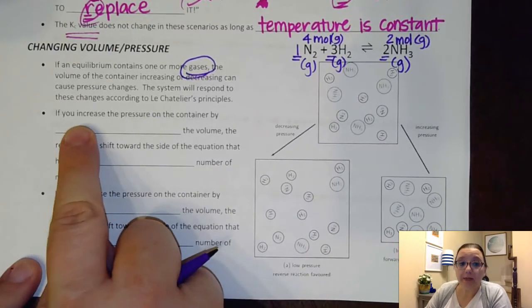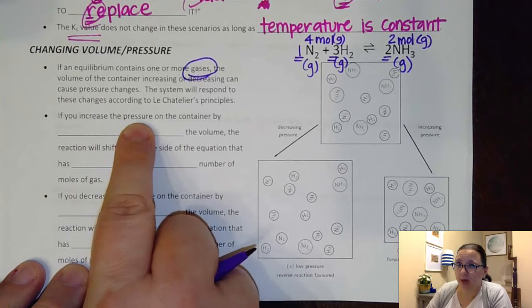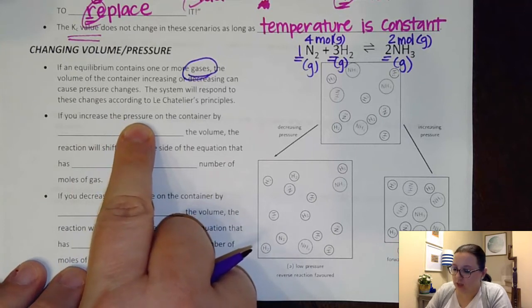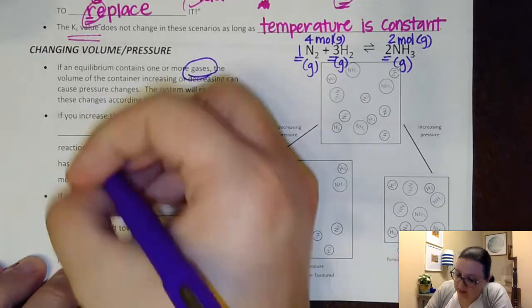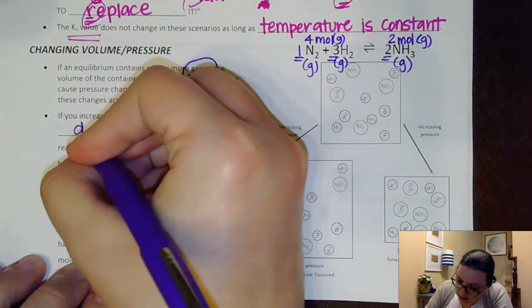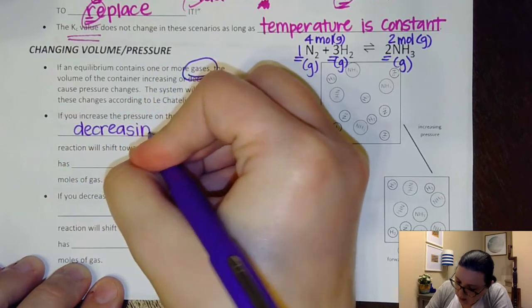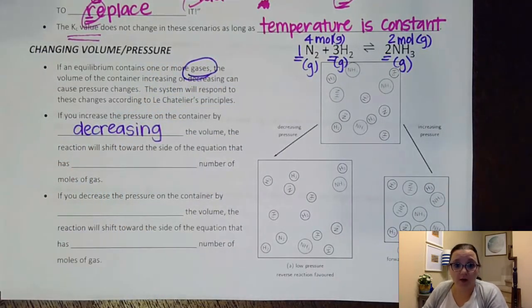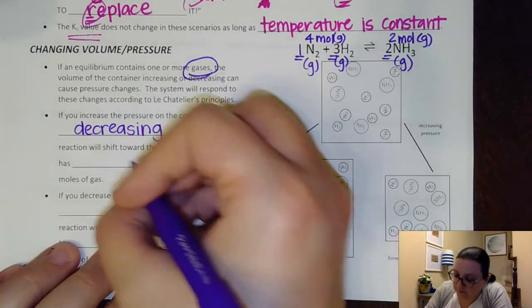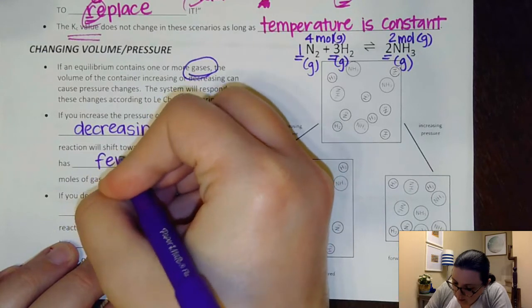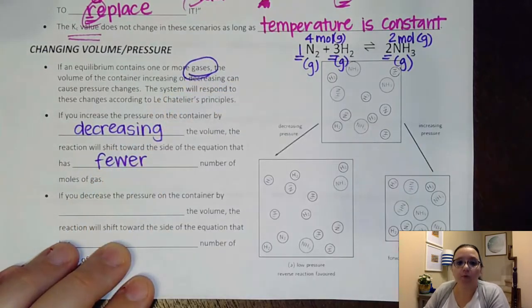So here's the deal. If you increase the pressure, thinking back to Boyle's law, we would increase the number of collisions. If we decrease the volume of our container, the reaction will shift to the side of the equation that has fewer moles of gas.